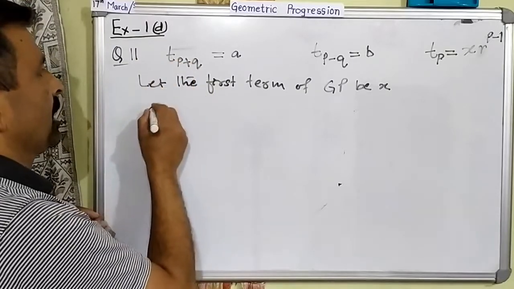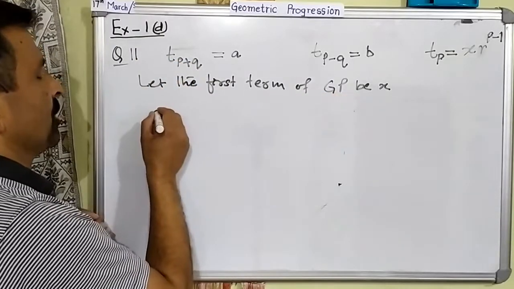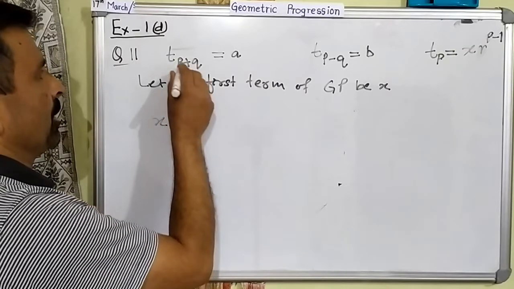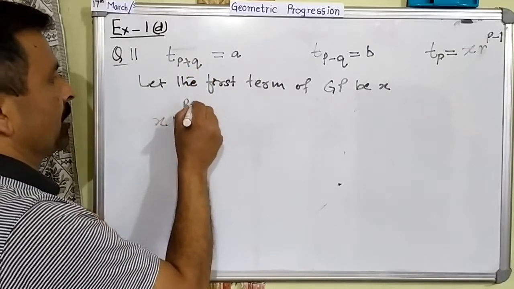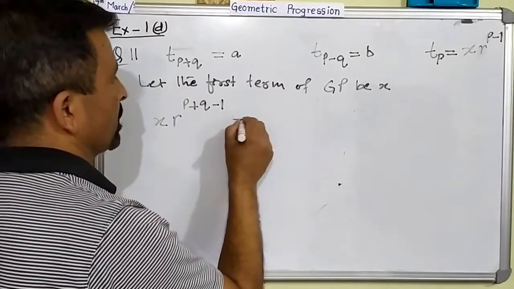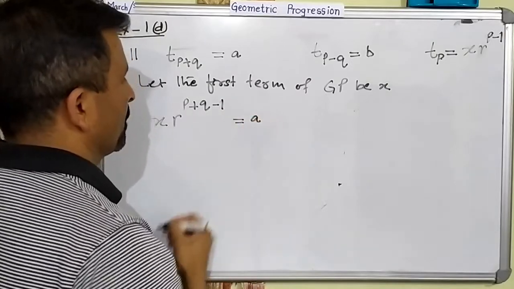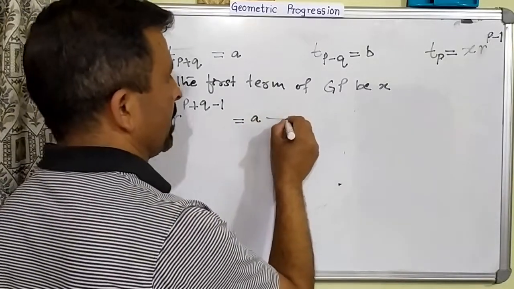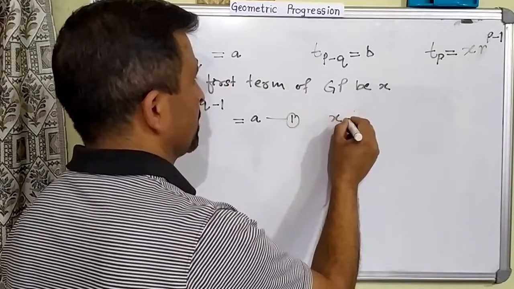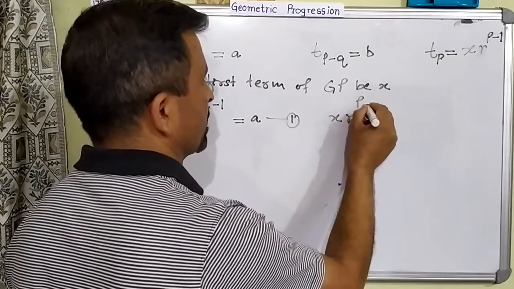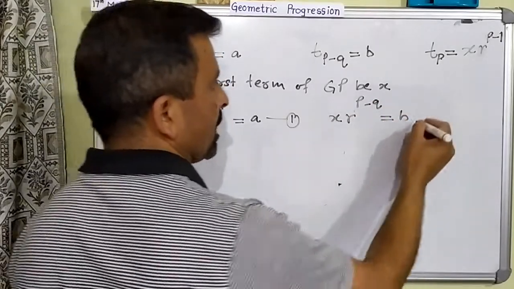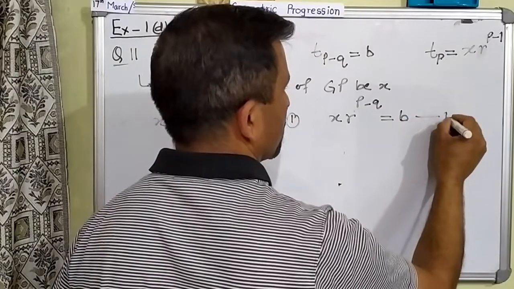The first term is x, so x into r to the power (p+q) minus 1, and this is given as equal to a. This we will name as equation number 1. From here we will write x r to the power (p−q) minus 1 is equal to b. This we will name as equation number 2.